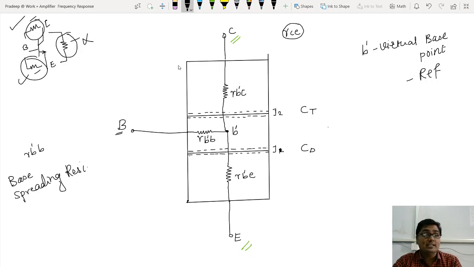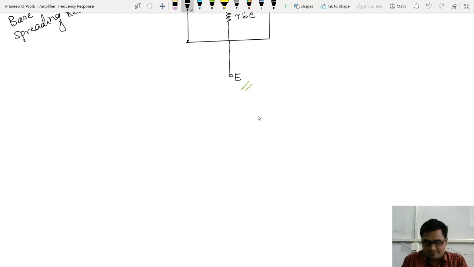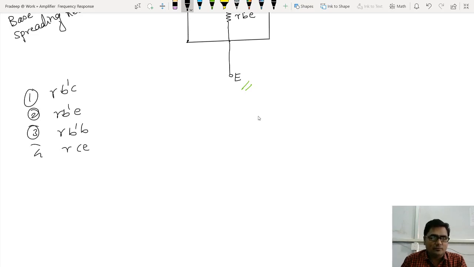Now just check how many resistors we have. Let me make a list. The first resistor is r B dash C, second is r B dash E, then r B dash B, then r C E. 1, 2, 3, 4. Four resistors are there.